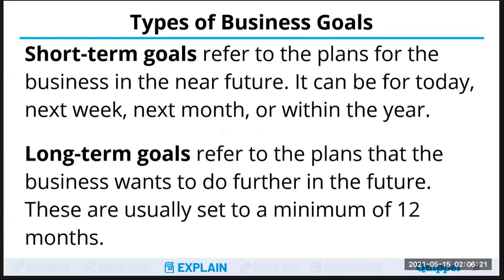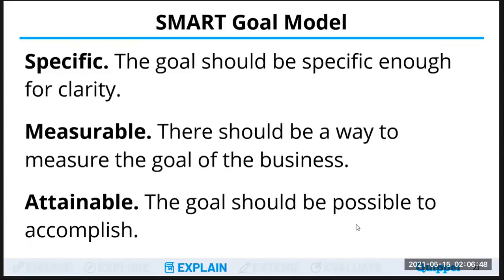We have the following: short-term goals refer to the plans for the business in the near future. It can be for today, next week, next month, or within the year. Basta pag short-term, within the year. While yung long-term naman, syempre more than a year. Long-term goals refer to the plans that the business wants to do further in the future. This is usually set at a minimum of 12 months. So yun, more than a year.